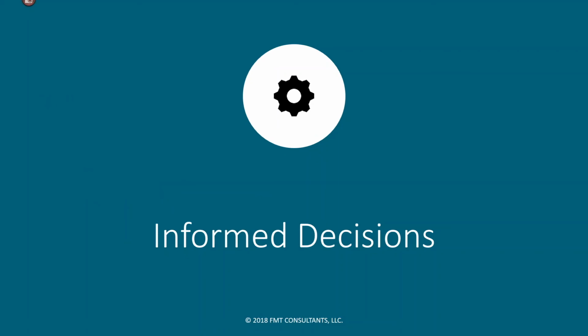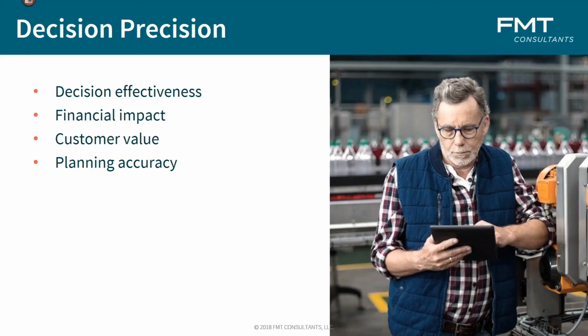Let's talk about that decision making. Informed decisions. So, decision precision, accuracy. Accuracy matters. Precision addresses effectiveness of a decision, not efficiency. Precise decisions use highly activated information to target the precise business value or outcome you want to obtain.